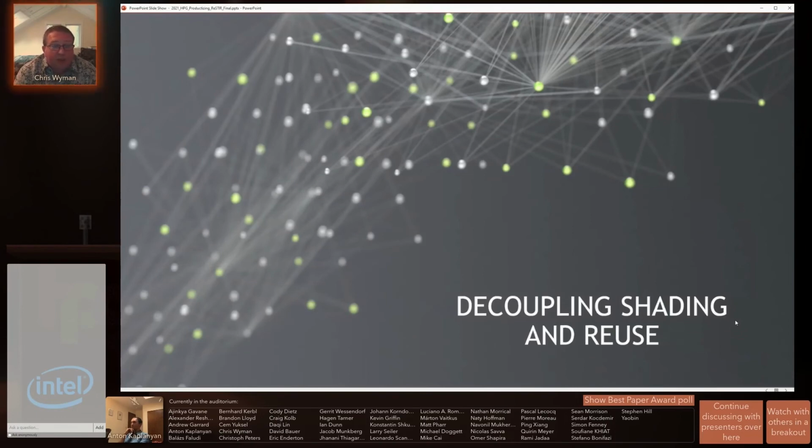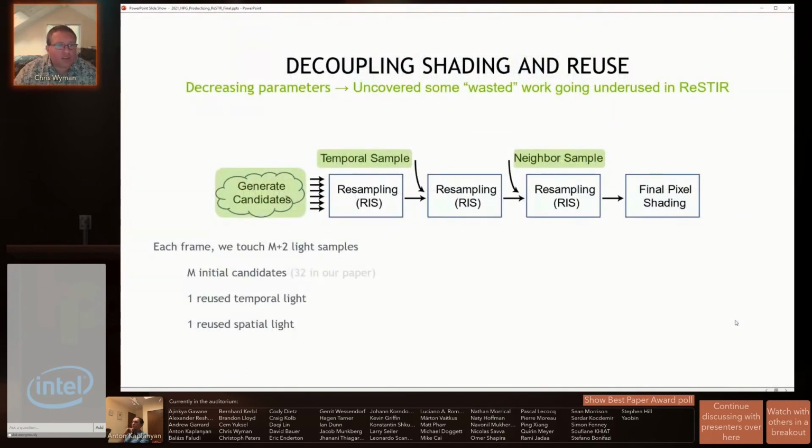So the next thing I want to talk about is decoupling shading and reuse. This is the ReSTIR pipeline again. As throughout the paper, which has a number of things in it, and I encourage you to go read all of the optimizations that we worked on, we reduced the number of temporal and spatial samples to 1 each.